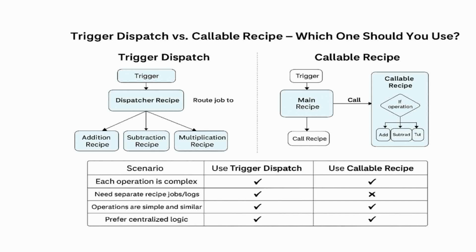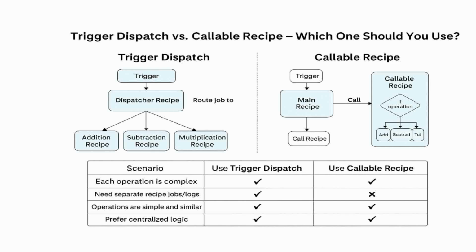Based on the operation you send, you have an if, else if, and else. Based on that operation, it checks the particular condition validations, and then executes the particular action based on the operation, right?